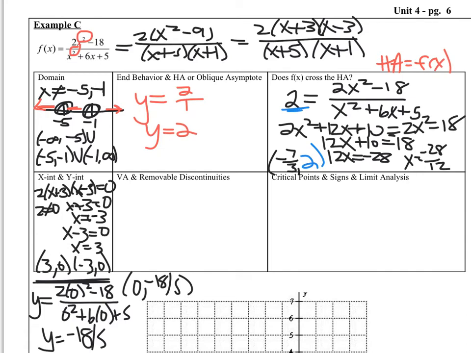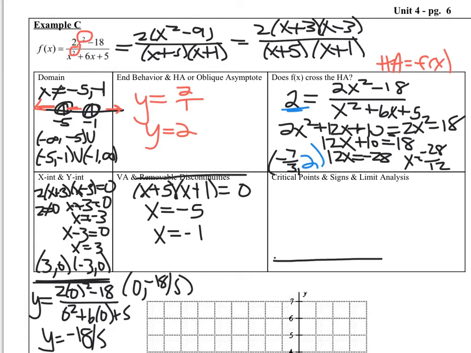Vertical asymptotes mean my denominator is 0. So x plus 5, x plus 1 equals 0. So x equals negative 5, x equals negative 1. I have 2 different vertical asymptotes. I have no removables because I didn't have any factors cancel. So I'm going to write a nice big sign chart over here because I have 4 things going on my sign chart because I have 2 x-intercepts and 2 vertical asymptotes.